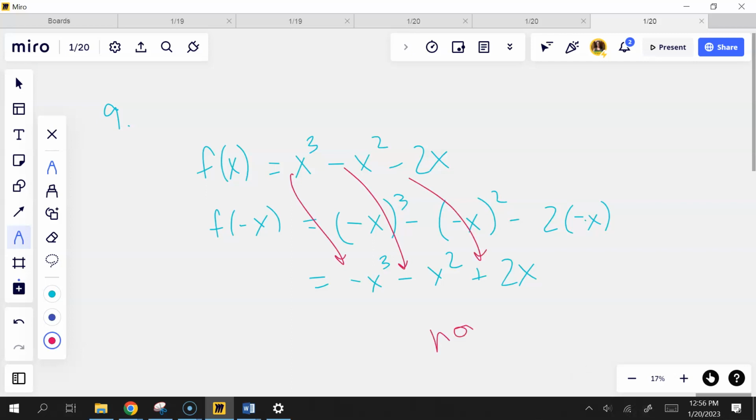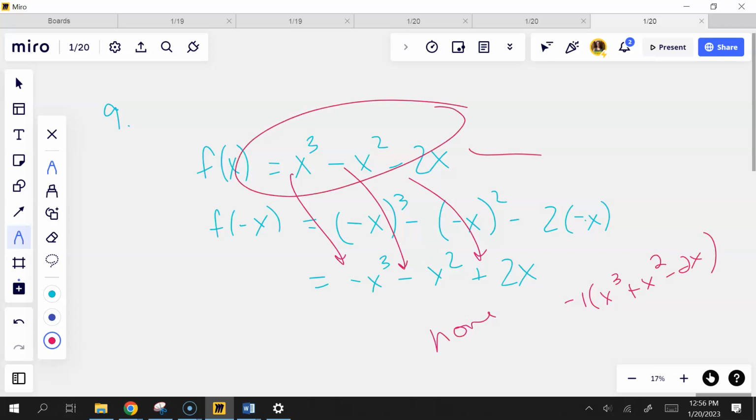None. If I take a negative 1 out of this, x cubed plus x squared minus 2x, that doesn't look exactly the same. That's none.